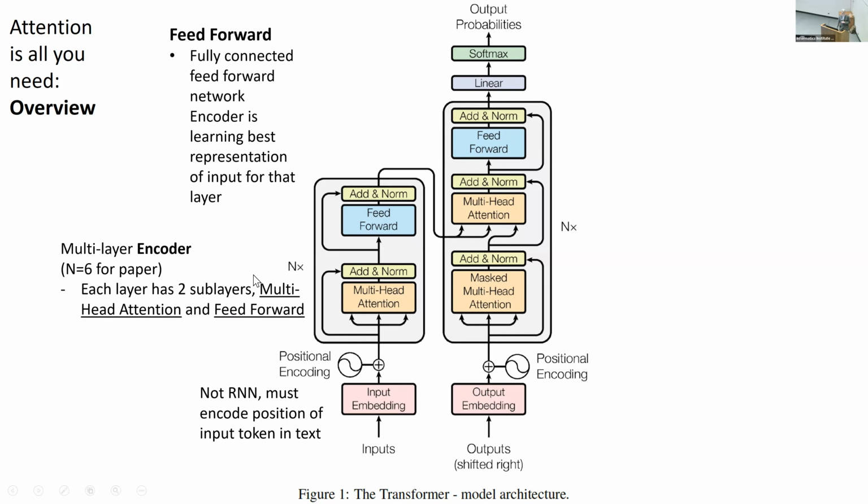And I'll talk about that in the next couple slides. The feed-forward neural network is just like that perceptron I showed earlier. It's a fully connected network. That means every neuron in layer 2 is fully connected to everything in layer 3. And that's to learn this representation right here.